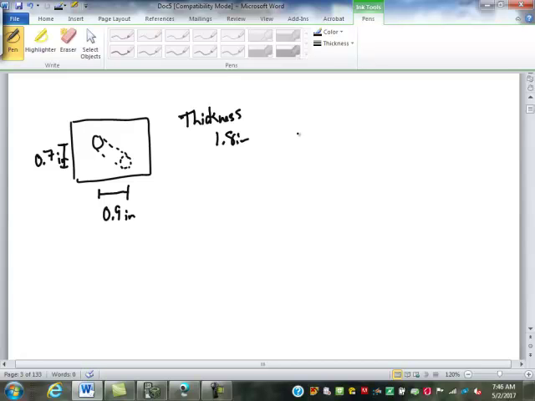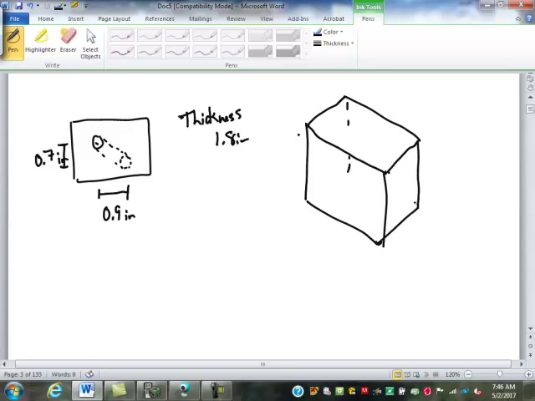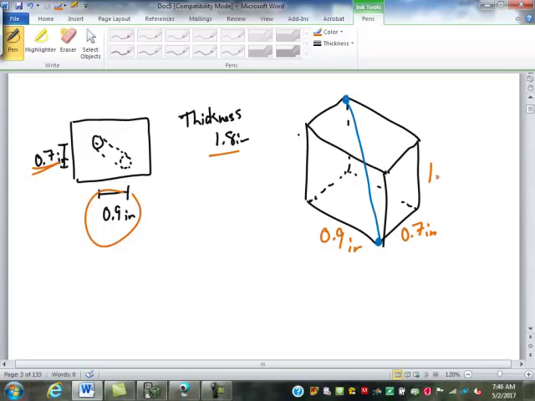So this means now to draw out the box that goes center to center for the holes. Our hole's going from here to here. The 0.9 is this dimension. The 0.7, that's this dimension here. And that thickness of 1.8, that's this dimension right here.